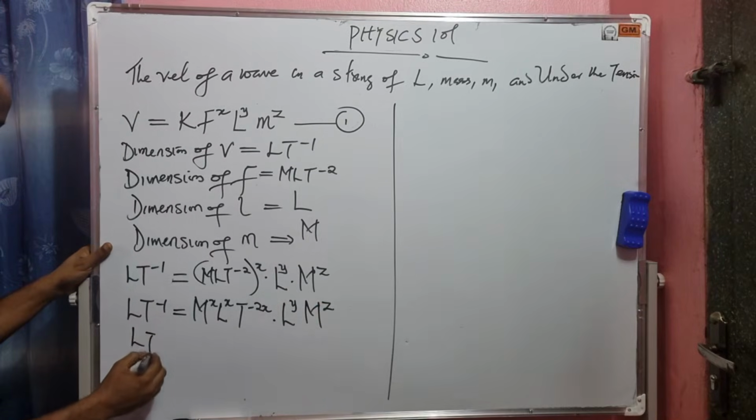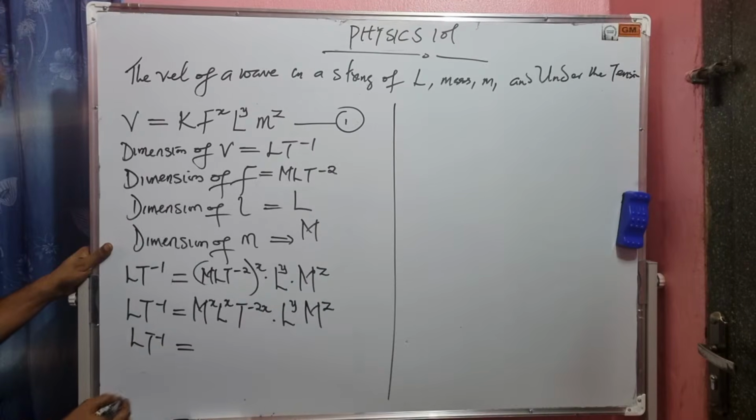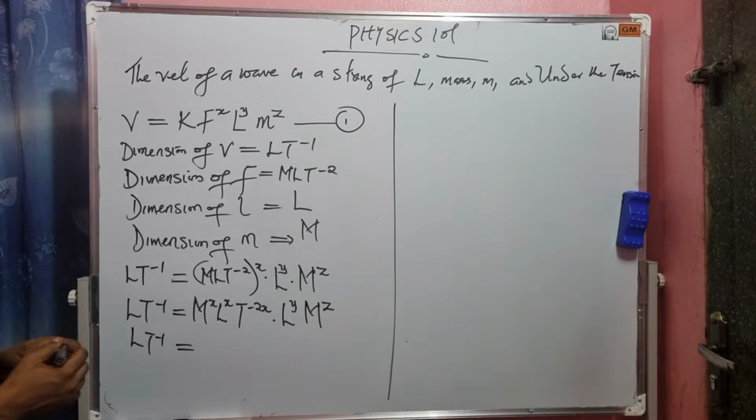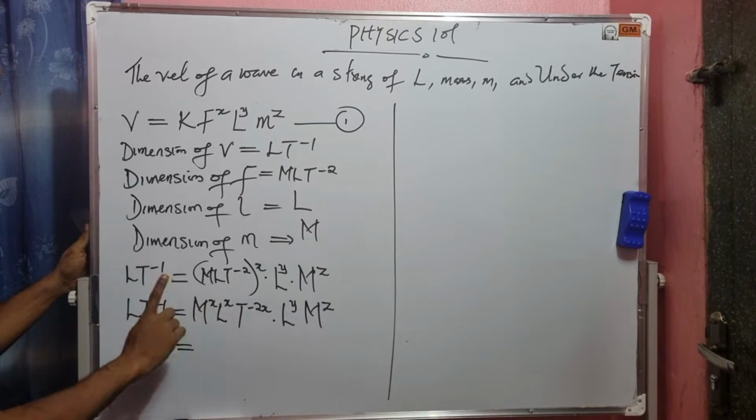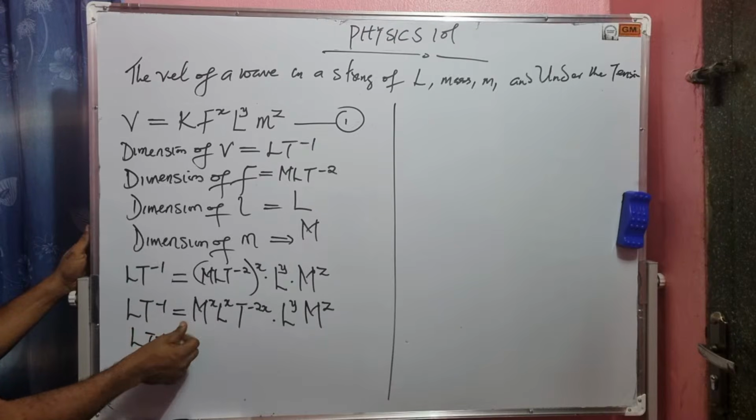So we have LT^-1 equal to this, and now we want to take the like terms, like we compare. So we take the like terms in terms of their base.